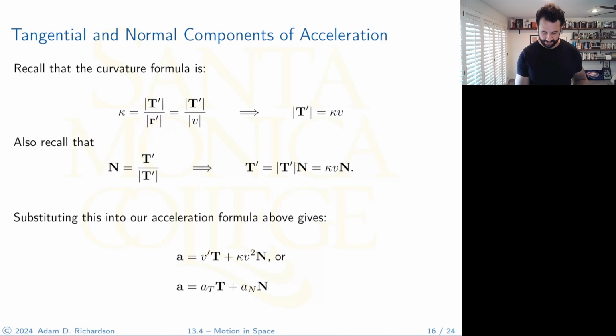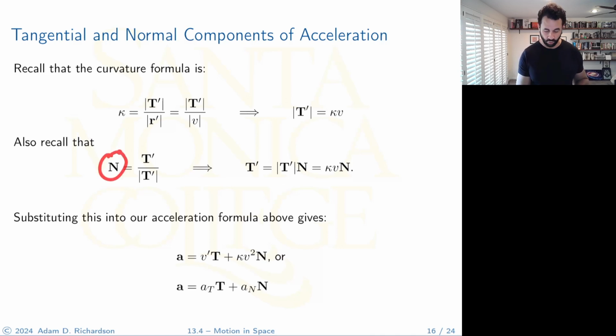Well, r prime is just v. So we're going to take the size of v, but v is already just the size of r prime. So with just a little bit of algebra, the length of T prime is equal to kappa times v. That's the first thing we're going to need.